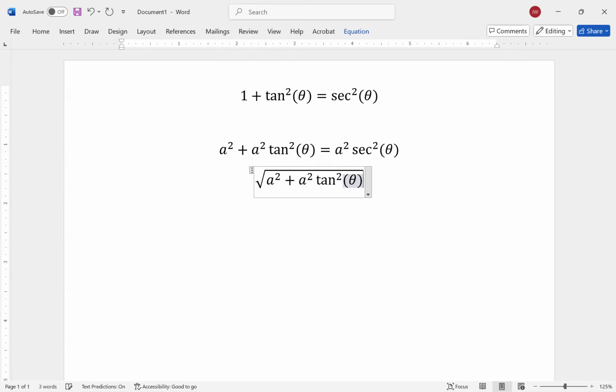We use theta here because often x is a variable in our problem, so we'd rather use theta in this case. Now, if I take the positive square root of the left, this is going to be a positive number, so positive number, positive number. I'll take the positive square root of the right, and the positive square root of the right would be a times secant of theta.